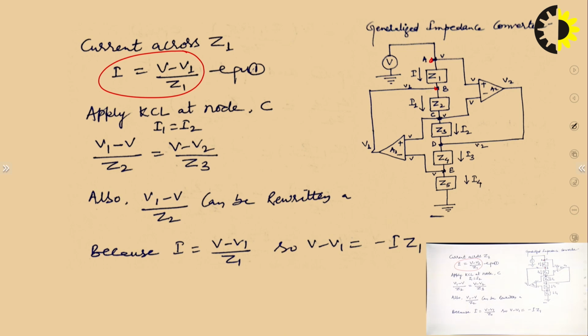Now, again apply the KCL at node C. So, I1 will be equal to I2, and I1 will be equal to V1 minus V upon Z2, and I2 is V minus V2 upon Z3. And you know that V minus V1 upon Z1 is I. So, I is equal to V minus V1 upon Z1, or we can say that V minus V1 is equal to minus I Z1.